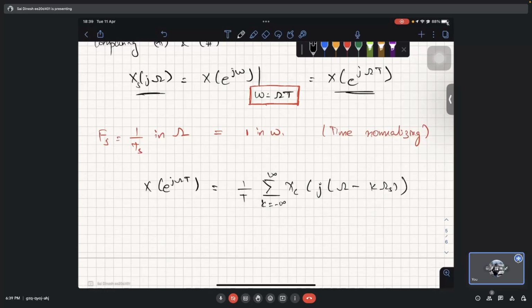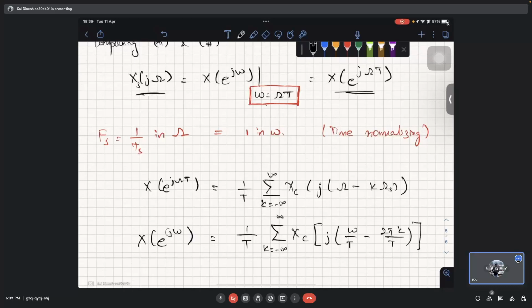Or equivalently, X e power j omega equal to 1 by T sum of Xc of j into omega by T minus 2 pi k by T, k equal to minus infinity to infinity.